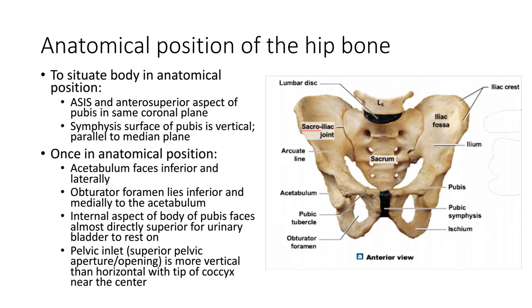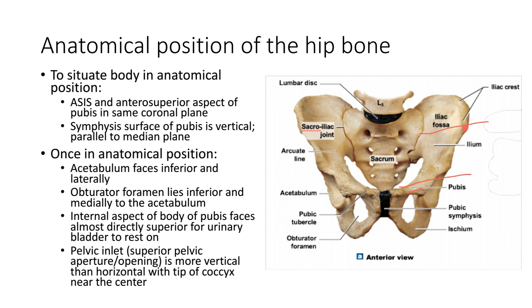Let's talk about the anatomical position of the hip bone. We know the anatomical position of the body is facing forward with your palms forward and your feet forward about shoulder width apart, but the hip bone also has an anatomical position. In this position, the ASIS, or the anterior superior iliac spine, and the anterior superior aspect of the pubis would be in the same coronal plane.